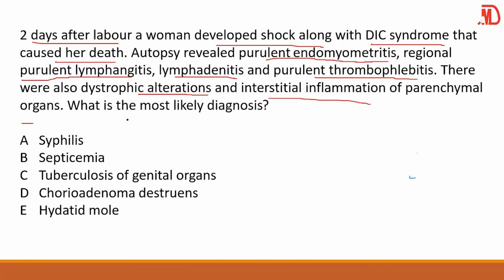In this form of sepsis, hemorrhagic syndrome is very pronounced. And of course, septicemia can lead to shock. And even the DIC can also lead to shock. So here, we are thinking of septicemia. All right.